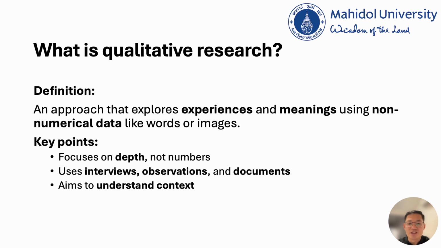The goal is to explore why or how something happens, rather than how much or how often. Qualitative research is particularly useful when studying topics that are complex, subjective, or deeply embedded in social and cultural contexts. While it may not aim to generalize, it provides valuable insights that quantitative research might overlook.